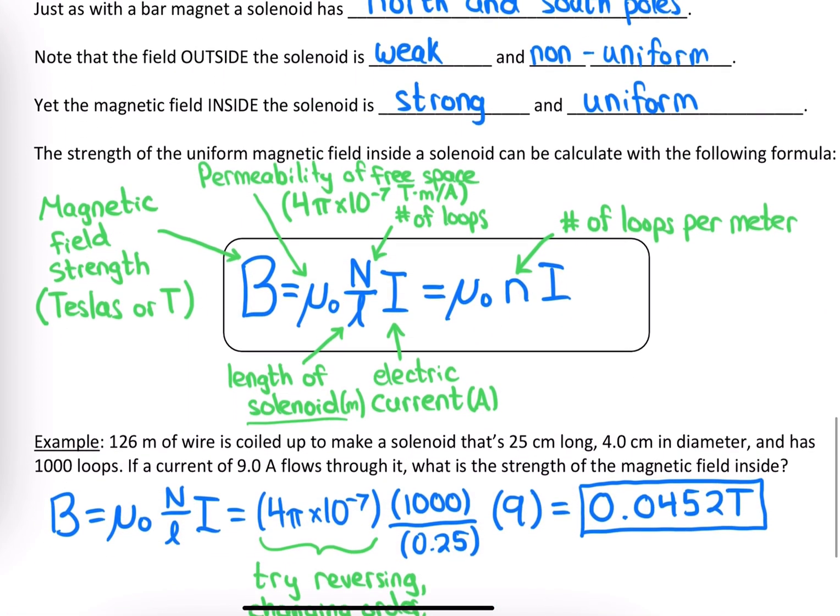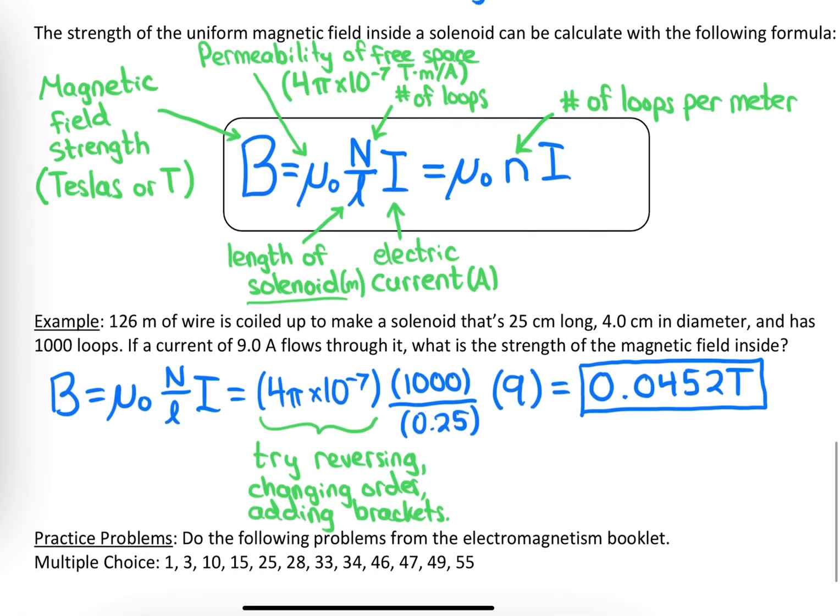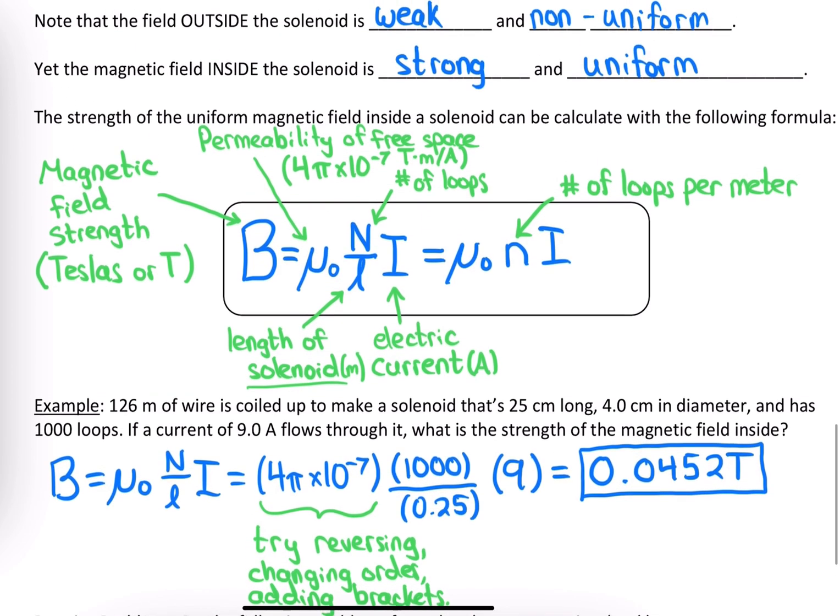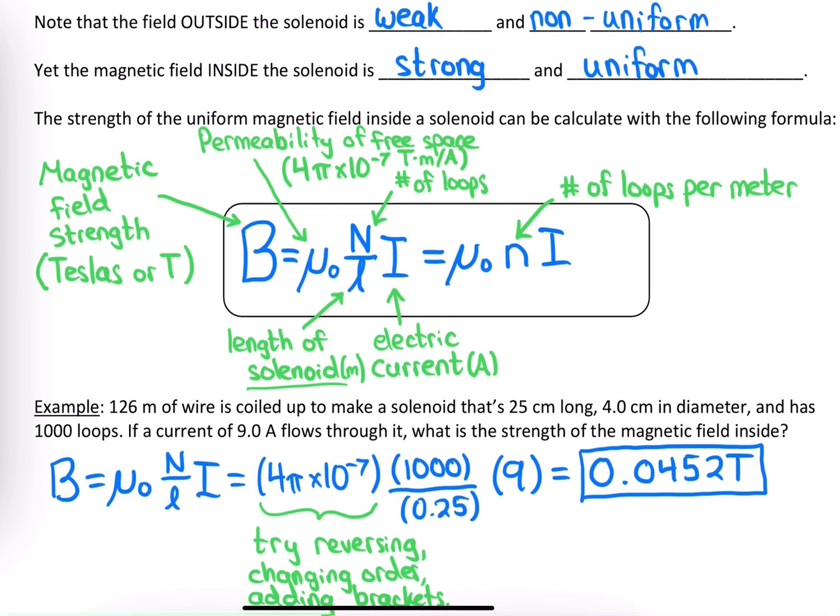And we can use this formula down here to find the strength of the field inside the solenoid. So that's the gist of today's lesson, looking at wires carrying current and solenoids carrying current, and figuring out what direction the created magnetic field will be, and also what its magnitude is.